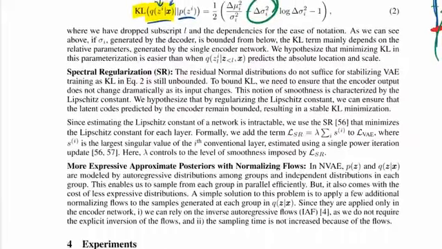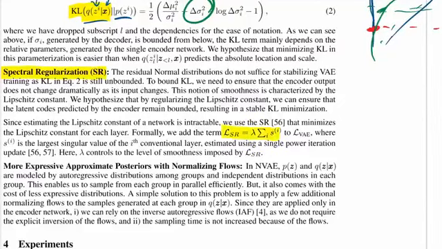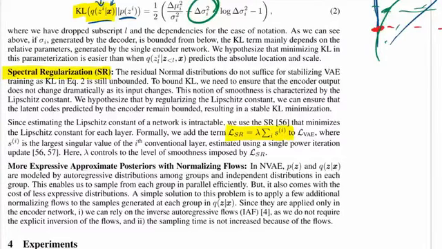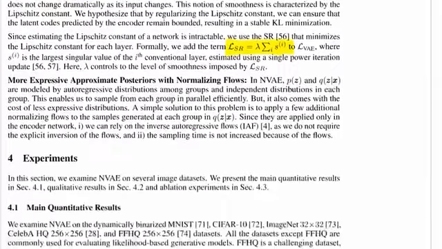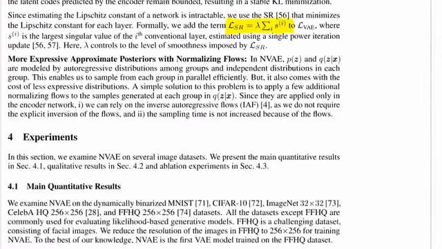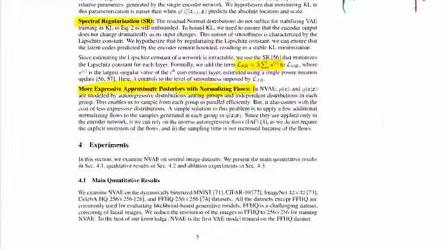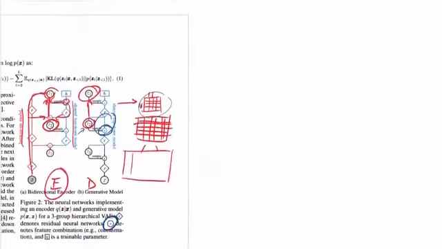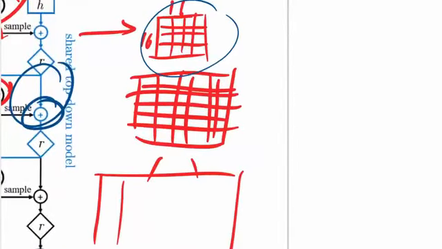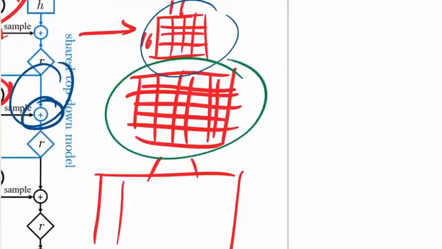The other trick they employ here is spectral regularization, which is a regularization where you regularize the top singular value per layer. You can compute that with a power iteration. People have been doing this before, and also you can build in some normalizing flows. So here, if we sample the different layers, we're going to sample all of these things at once, right?